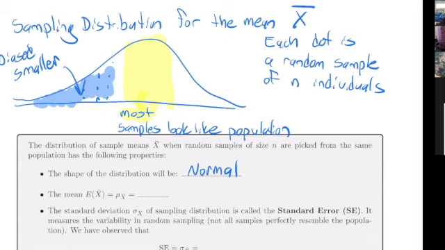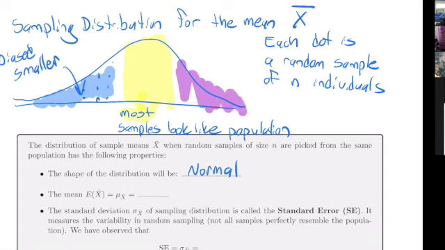Sometimes we just get unlucky, even when we're picking things randomly, and we get a sample that is disproportionately countries that did not have a lot of internet users. And we're just as likely to get things that are biased in the other direction.